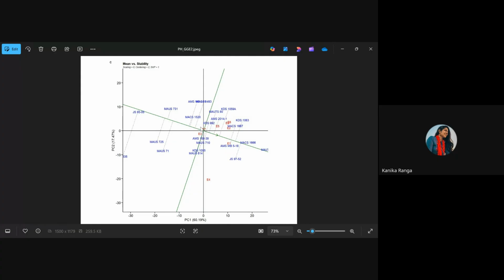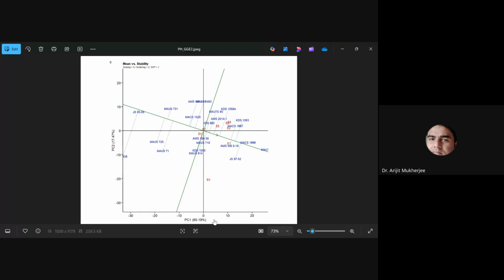Whether they are close to the origin, they will be more stable. They are near the origin and have less deviation from the axis, indicating that they perform consistently across all the environments.